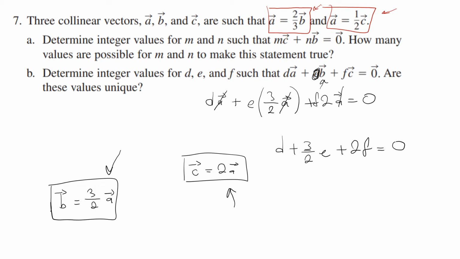You can have multiple solutions in this one. So what I'll do is I'll plug in 2 for my D value. If I plug in 2 as the D value, then the rest is 3 over 2E plus 2F equaling 0.